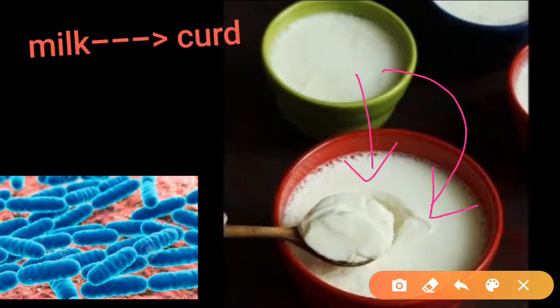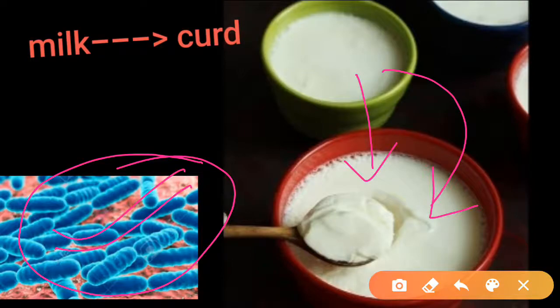One bacteria is converting milk to curd. Which bacteria? That is lactobacillus. So curdling of milk is a chemical change.